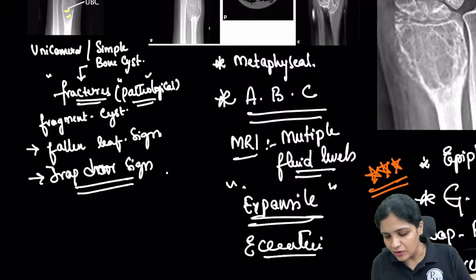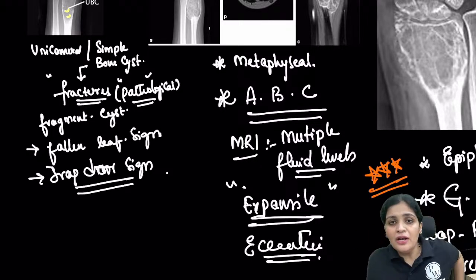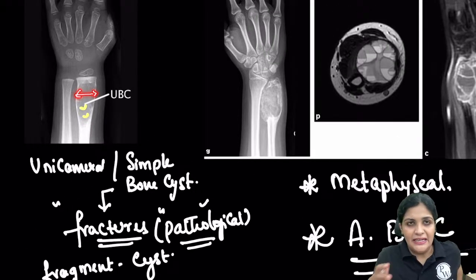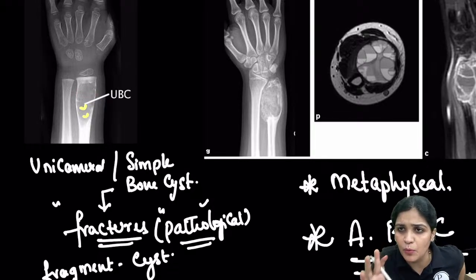These are the terminologies which we use for both aneurysmal bone cyst and your GCT. But when you see a simple bone cyst, it is not that expansile. It is not that eccentric. It is usually in the center, within the limits of the bone cortex.